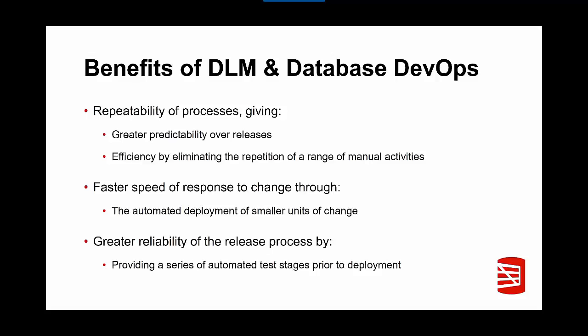Once we've got repeatable processes, we've got predictability. We know what deployments are going to look like. We know how things are going to go. By bringing in predictability, we start to bring in the ability to automate, and once we bring in automation, we've got efficiency because we're eliminating all those silly manual activities.